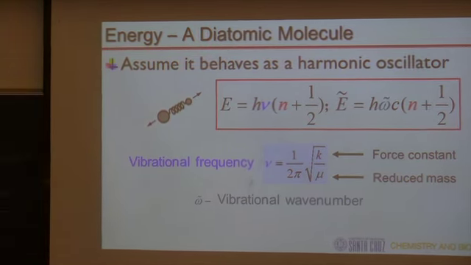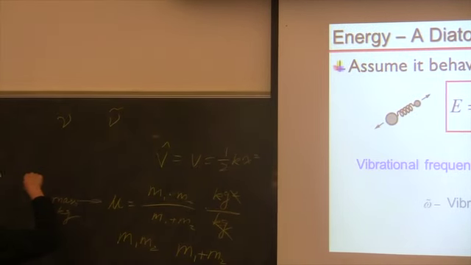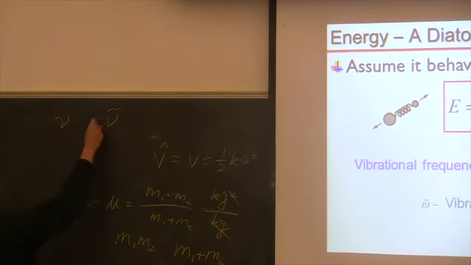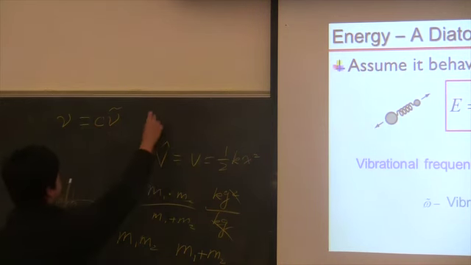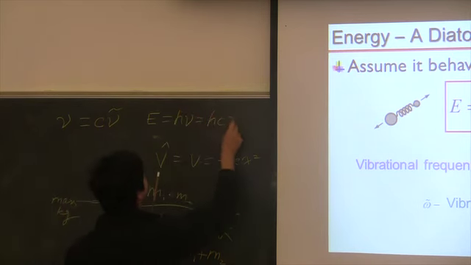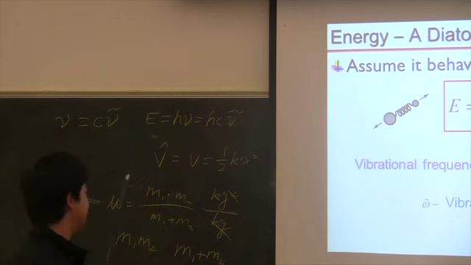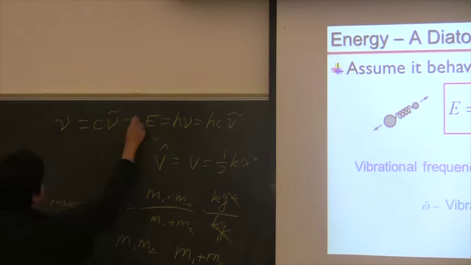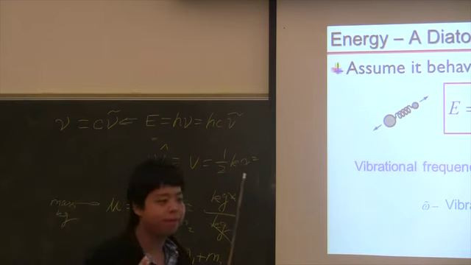It's the frequency over c. Because E is what? hc nu. Sometimes those conversions should be very familiar to you.